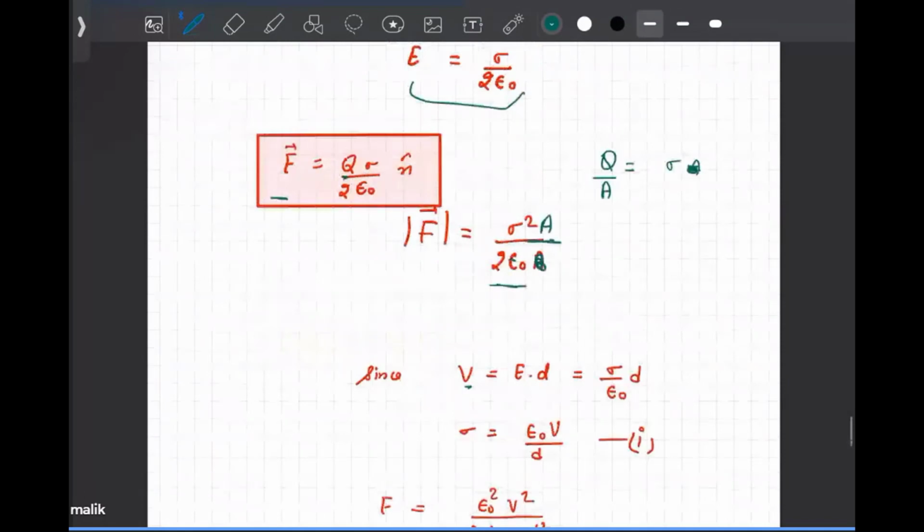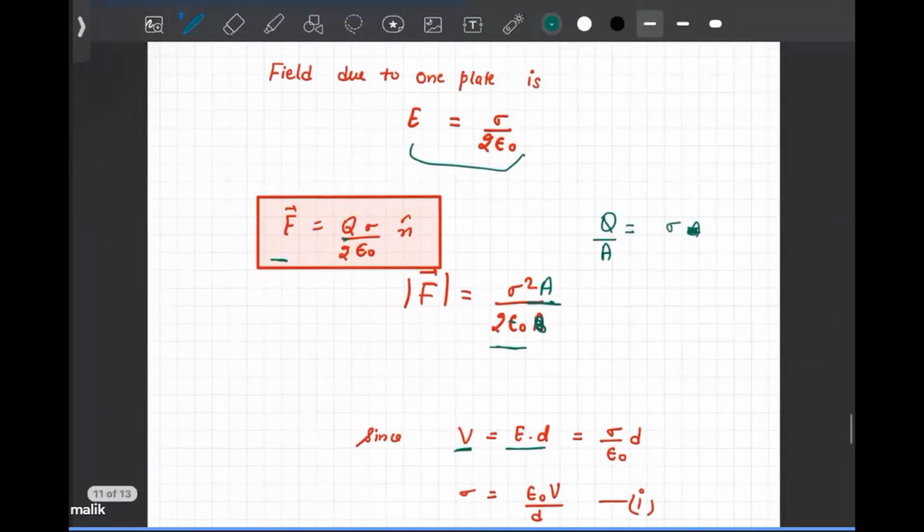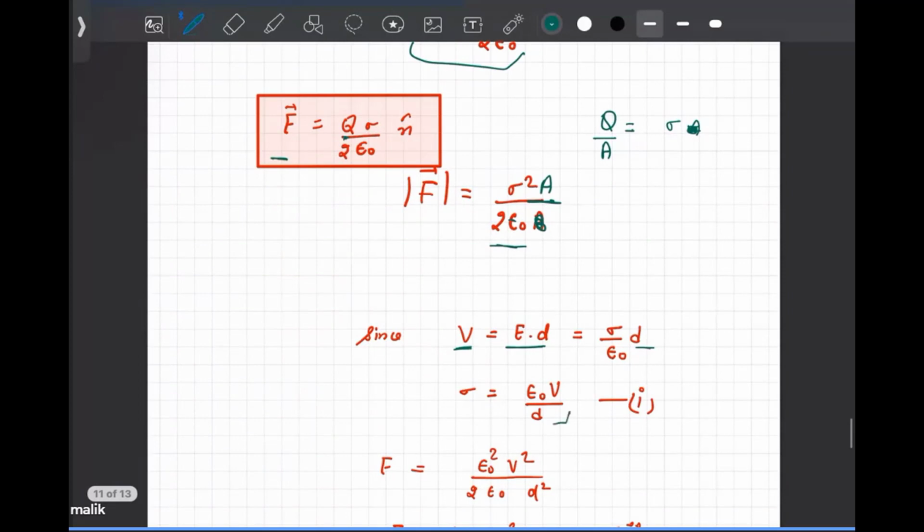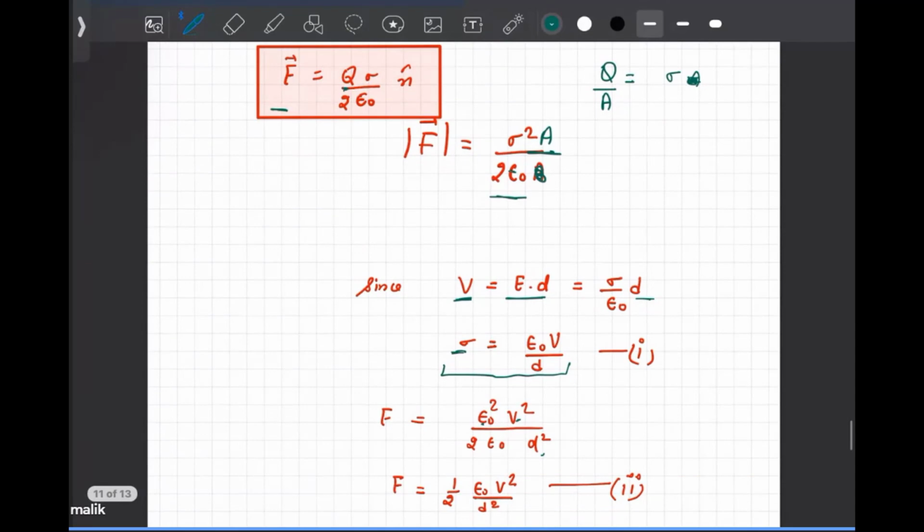The potential V is given by E into D, and E is sigma upon epsilon naught, between the plates. So sigma becomes epsilon naught V upon D. We put this sigma value, epsilon naught V square by D square, into the force equation, with A upon 2 epsilon naught.